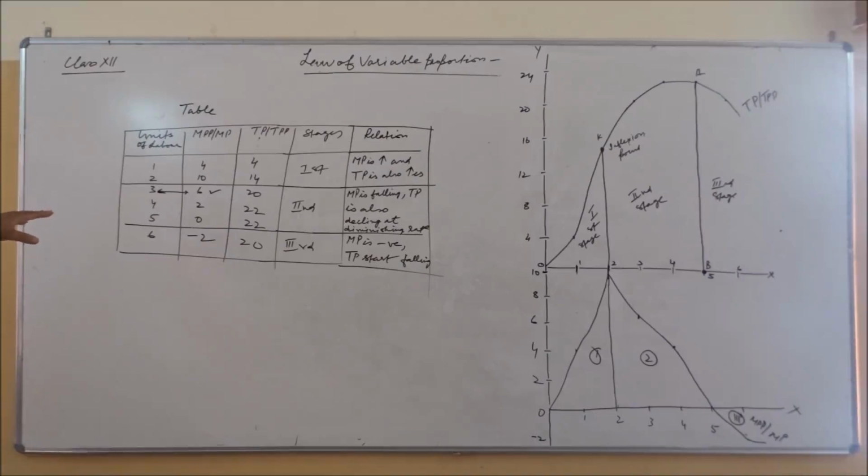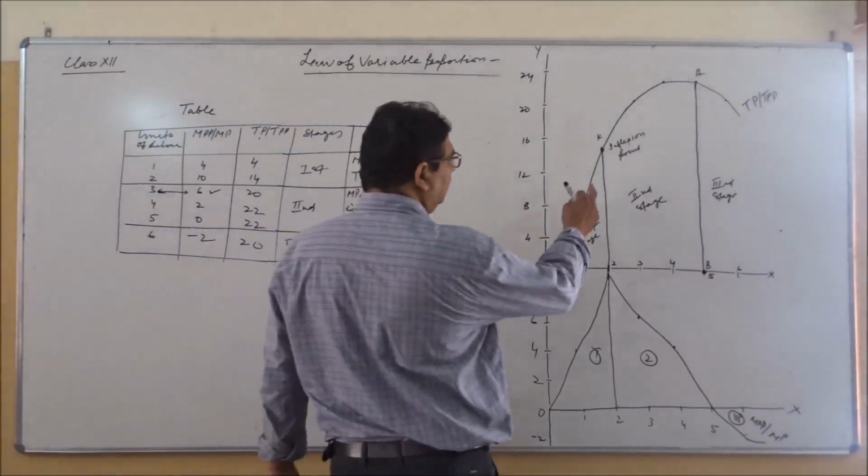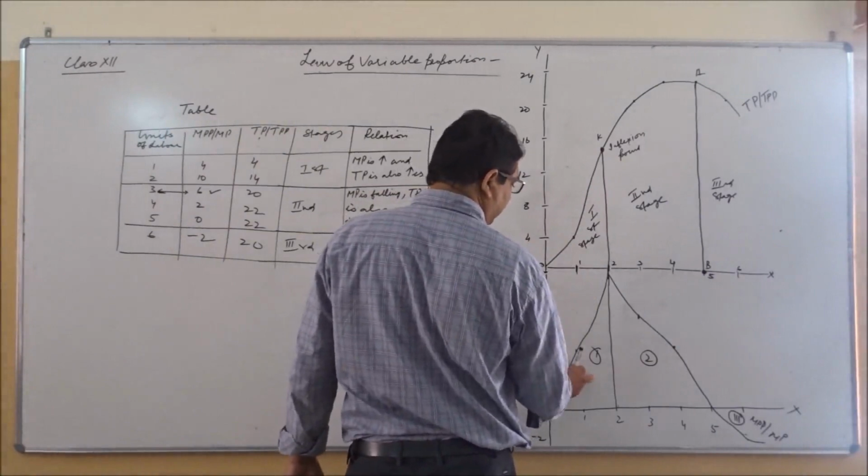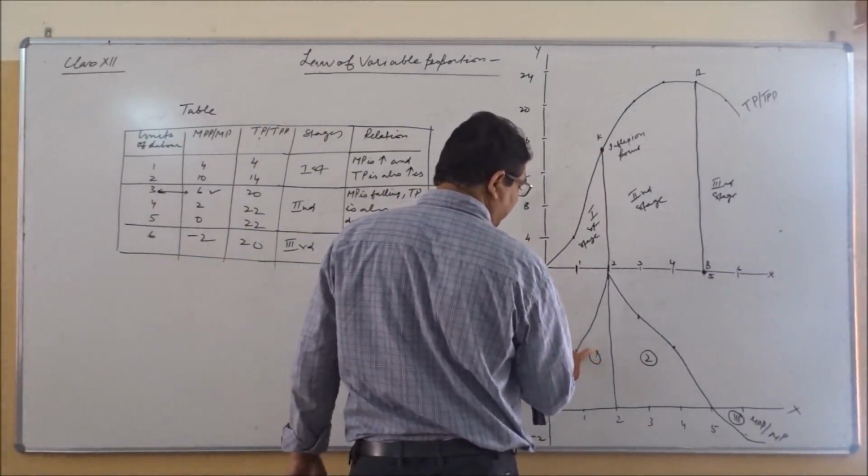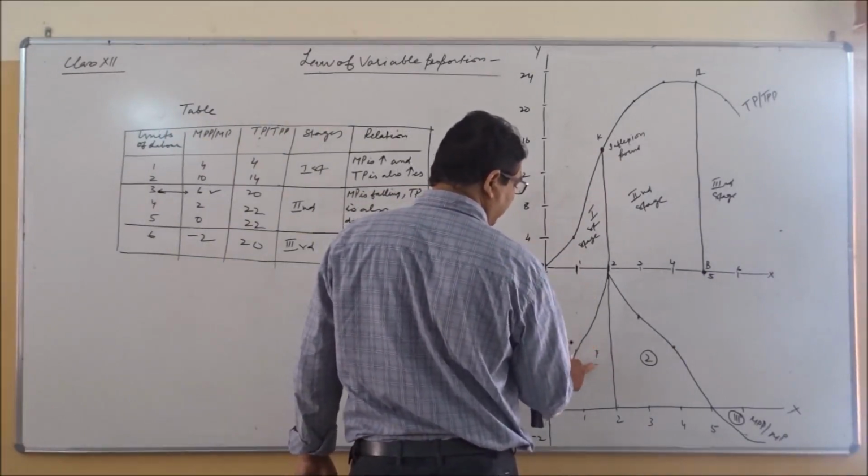As soon as the second unit of labor is employed, MP becomes 10 and TP becomes 14, right? That is the first stage. MP is rising at a very high rate and TP is also increasing. This is the first stage which is shown here.